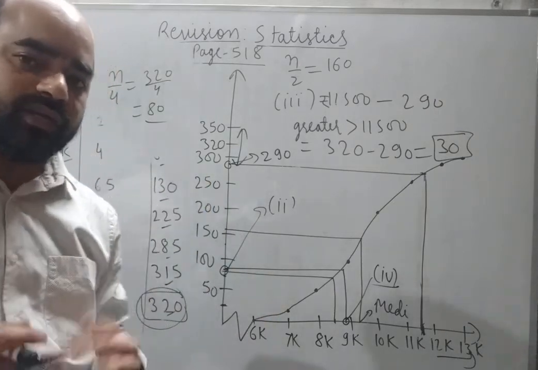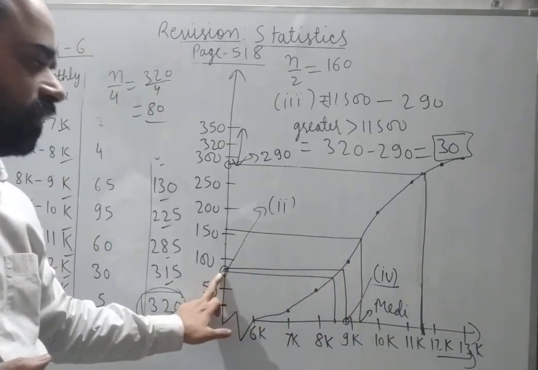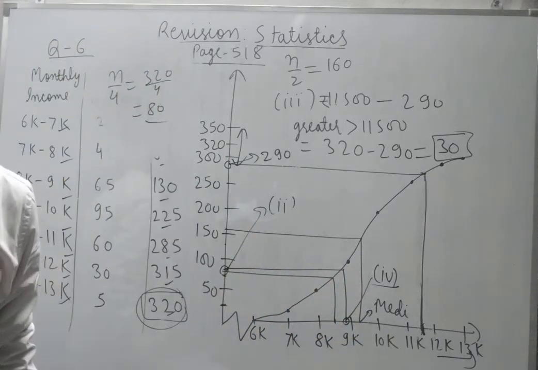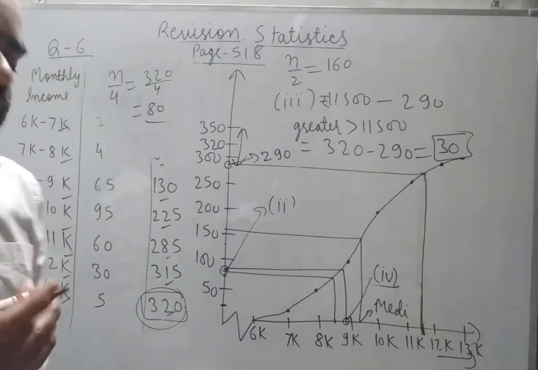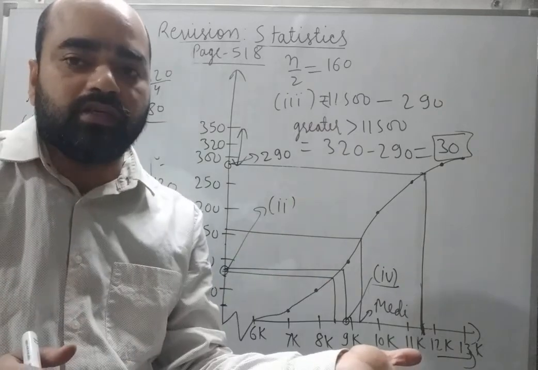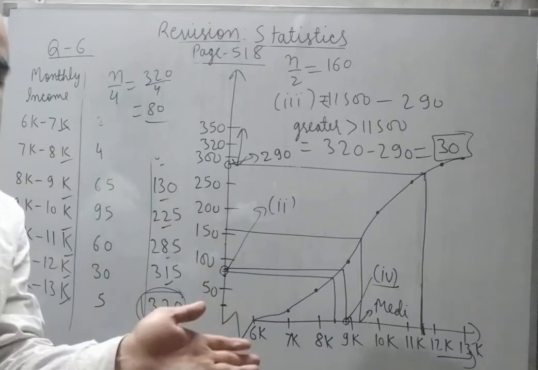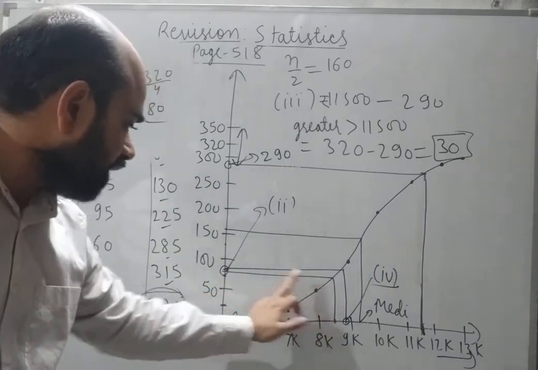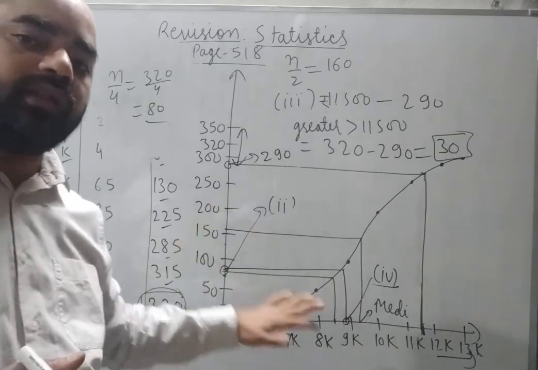Understood now? Second part: directly from 8500 vertical, horizontal, that will give the number of employees whose income is below rupees 8500. You can take one less. Below rupees 8500 means not 8500, so for below we have to take one less than whatever the value. Suppose this value is 75, 80 or 81, and then we take one less.